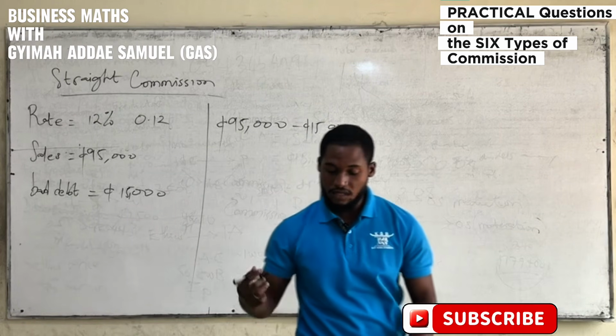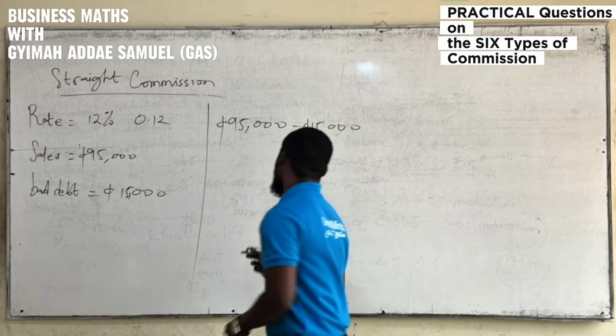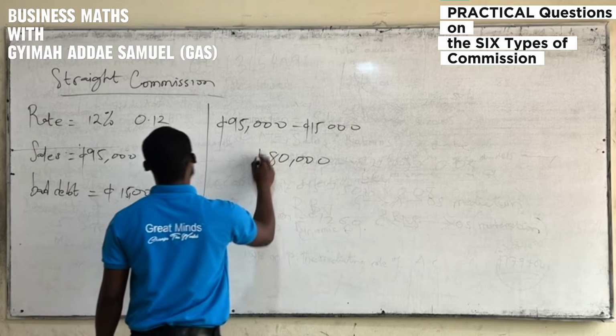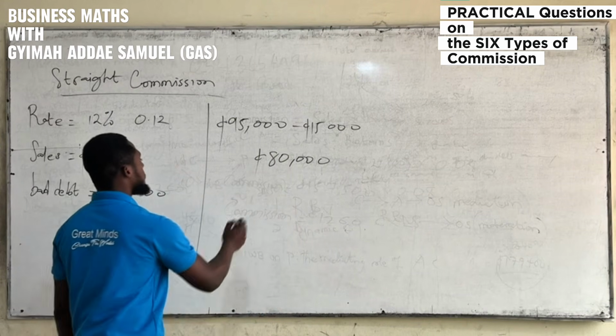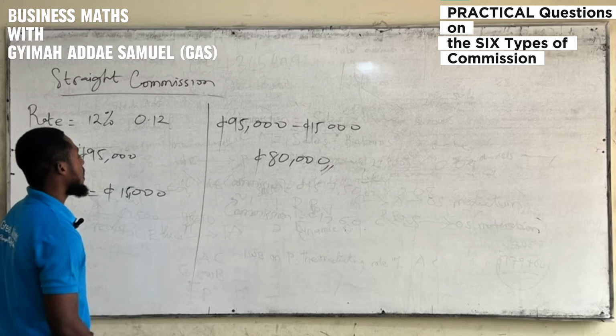When you do your subtraction, you get 80,000 Ghana cedis. So this is the actual sales which will help us find our commission.